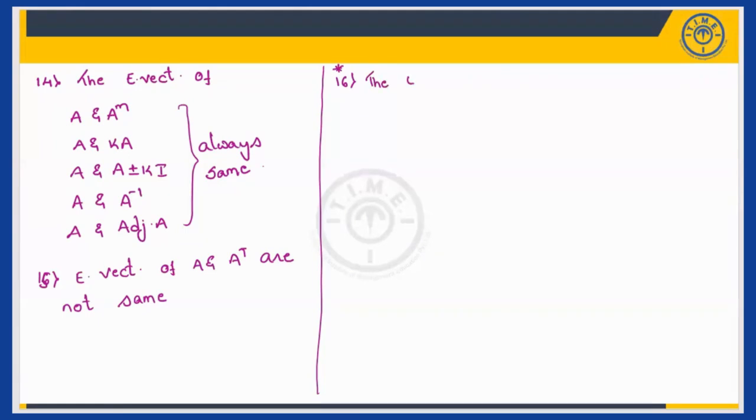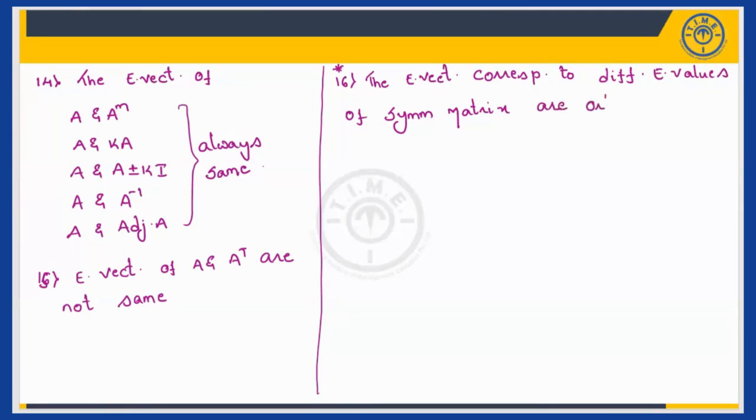The eigenvectors corresponding to different eigenvalues of a symmetric matrix are orthogonal. So remember, we are talking about the vectors.